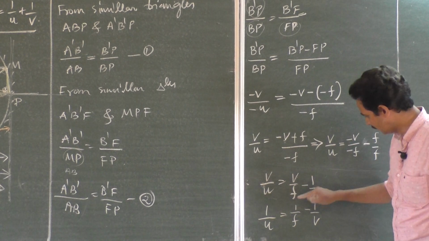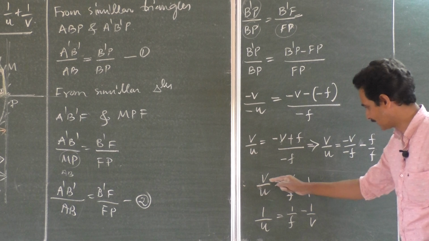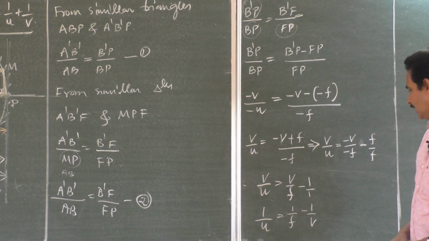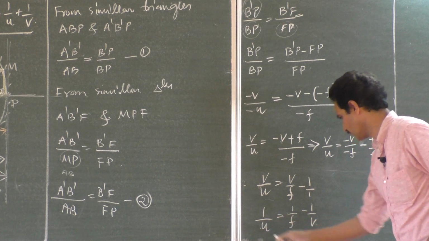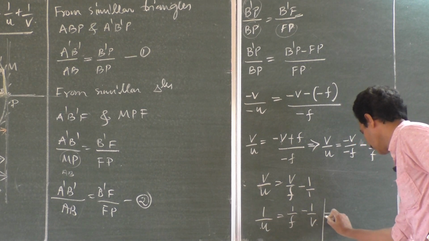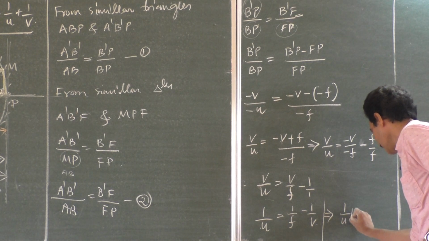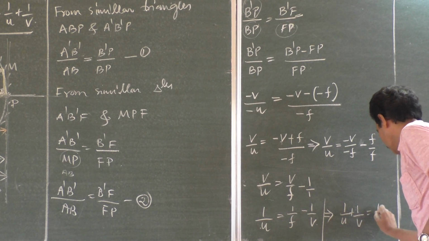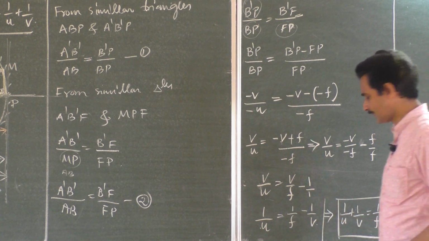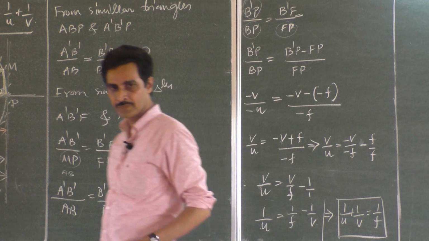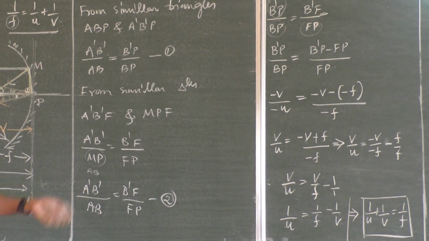So here v gets cancelled, here v gets cancelled. Bring it to the right hand side, minus 1 by v becomes plus 1 by v. So what will you finally end up with? 1 by u plus 1 by v is equal to 1 by f. So this is the answer. This is the relation which connects object distance, image distance and focal length.